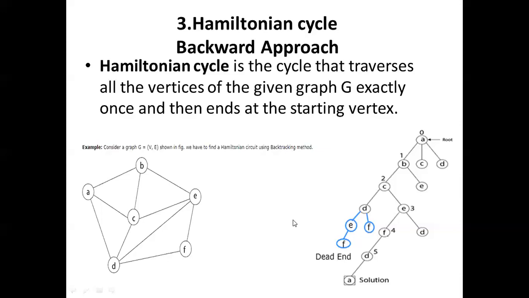One is E and one is F. These 2. For E, which is the next neighbor, I do not want to worry about B, already visited in this particular path. If you are seeing B, I already visited. C, I already visited. F, I have not visited up to now. And for E also, I have not visited only F.